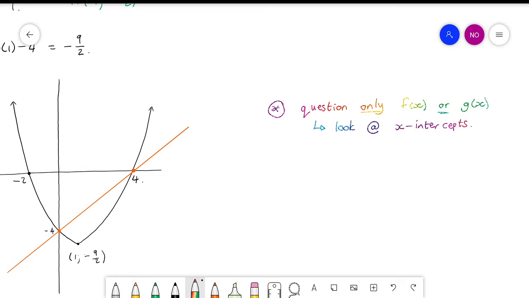As die vraag gaan oor g van x of f van x, dan kyk jy na daai grafiek se x-afsnitte. And I'll show you an example or two now.